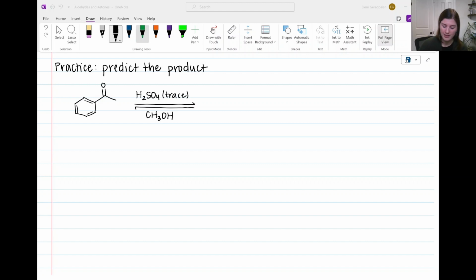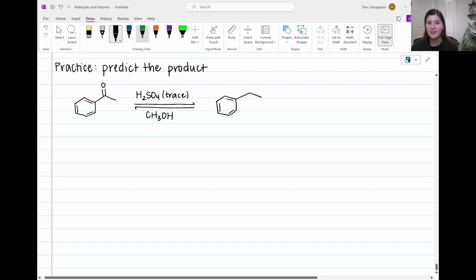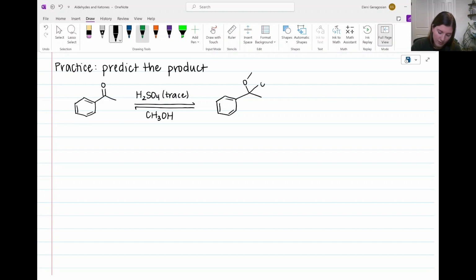This tells me that the carbonyl carbon from our original ketone will now be bonded to two alkoxy groups. Both of the alkoxy groups come from the alcohol, the methanol. So now that carbonyl carbon is bonded to two methoxy groups, each coming from methanol.